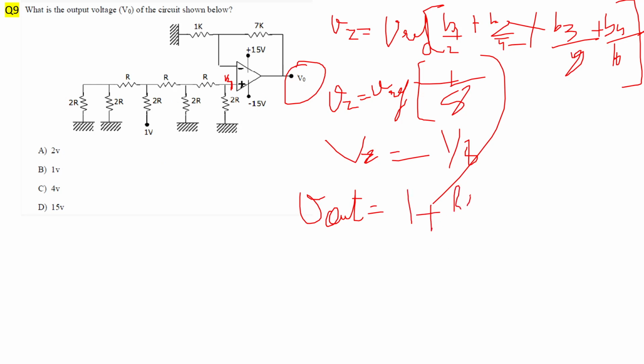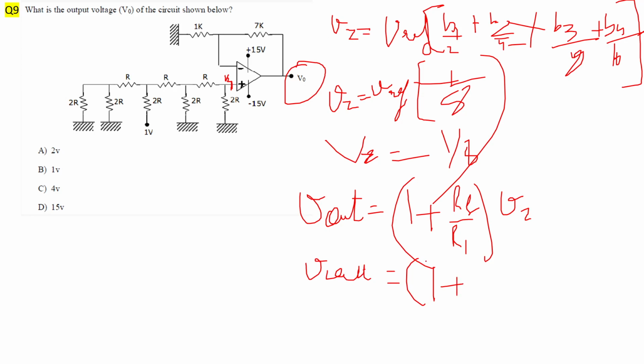So Vout is equal to 1 plus Rf by R1 times Vz. Your Rf is 7 and your R1 is 1, so it's 1 plus 7 by 1, times 1 by 8. So it's 8 times 1 by 8, that is equal to 1 volt.